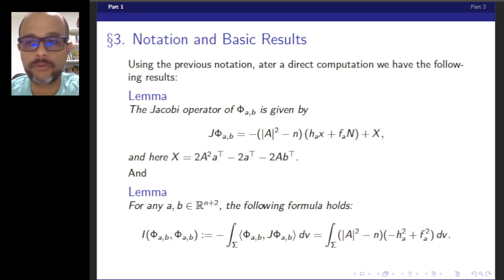I would like to notice that if the norm of the second fundamental form is constant, then you can put the norm squared minus n outside of this integral, and you have a simple expression in the integral.